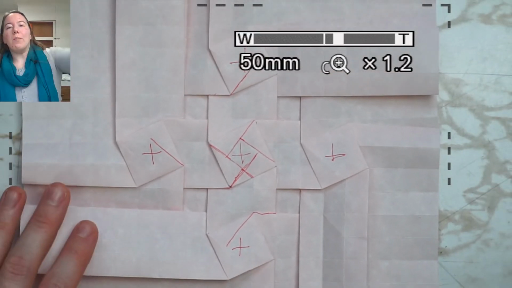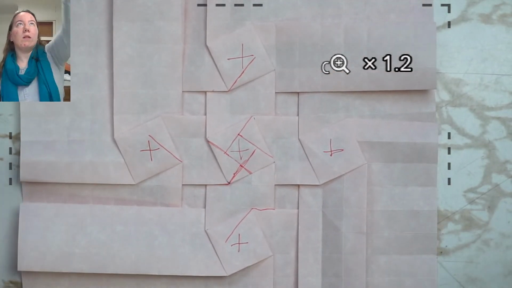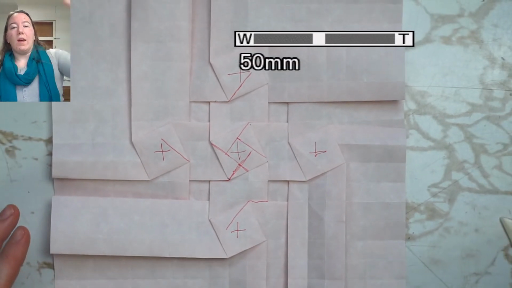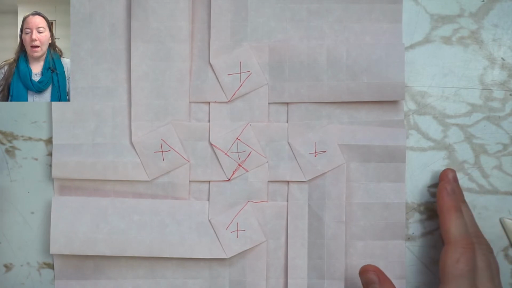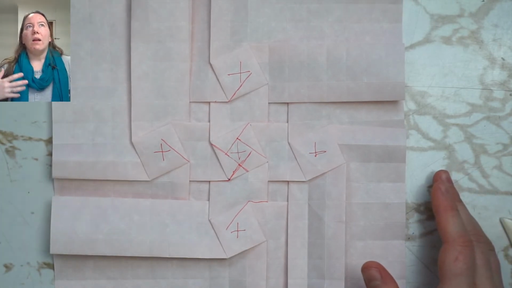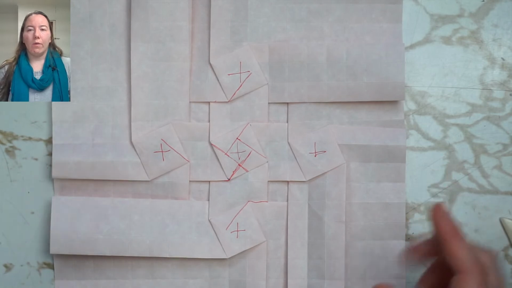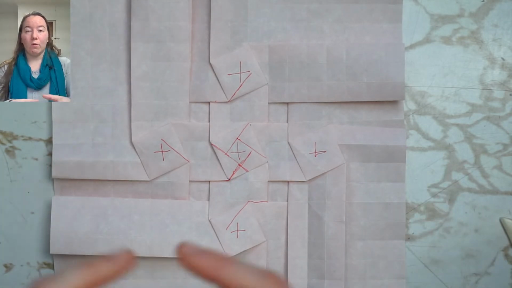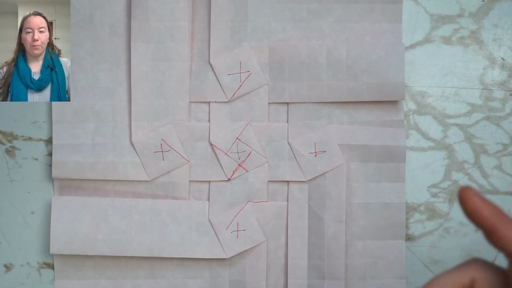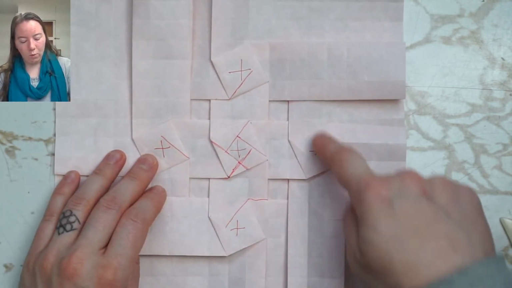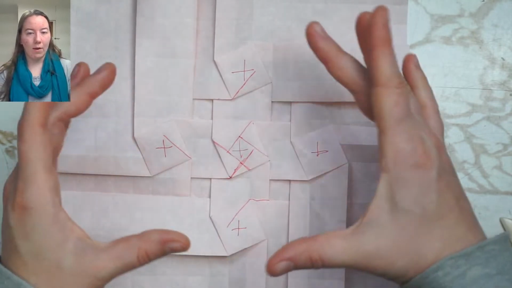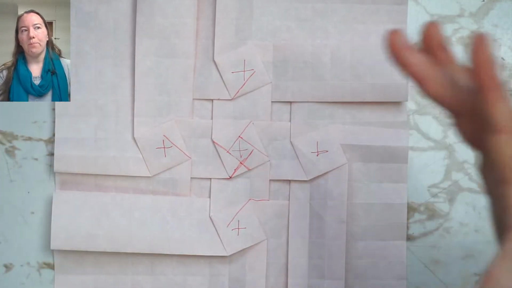So here I've completed another tiling break, which is to say that I don't have any pleat overlaps left. And I tend to define tiling breaks as rings around the center. So I had a central twist, and then I just completed one ring of twists around the central twist.